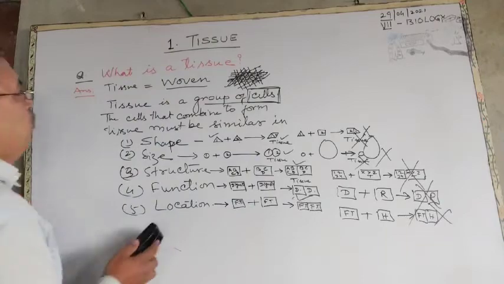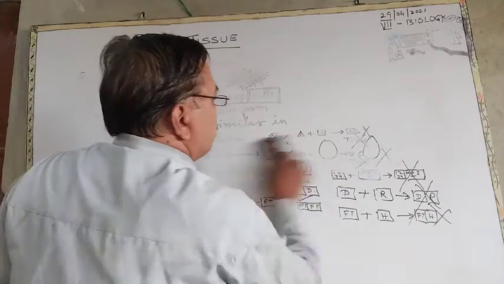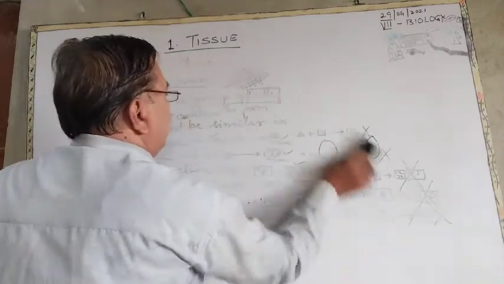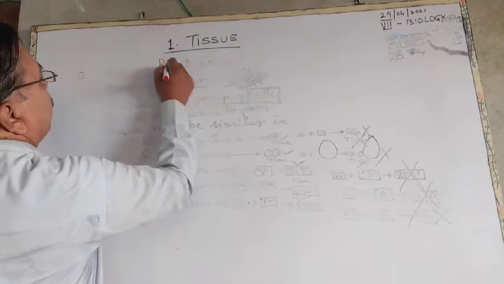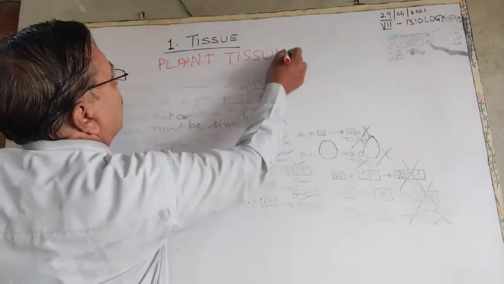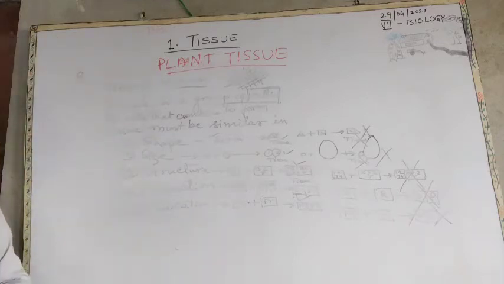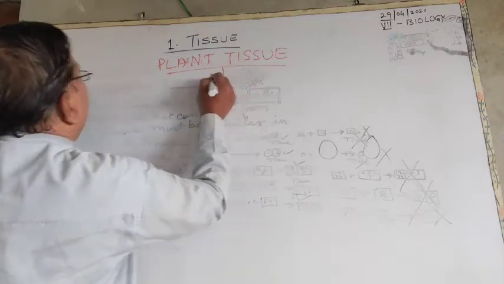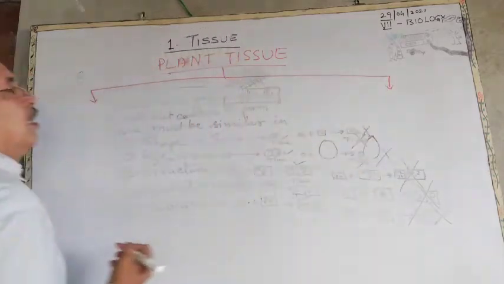Here in this biology lesson we are going to read about the plant tissues, right? So when we read about the plant tissues, basically these plant tissues are classified into two different categories.